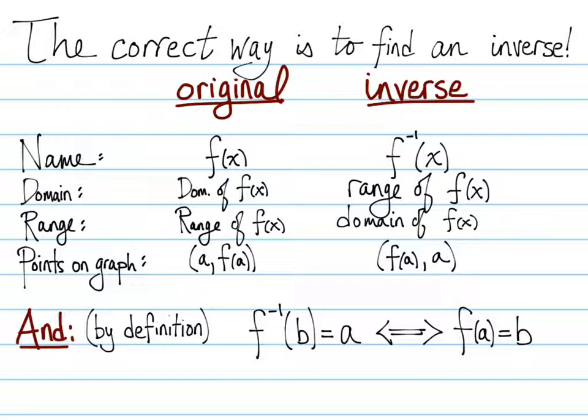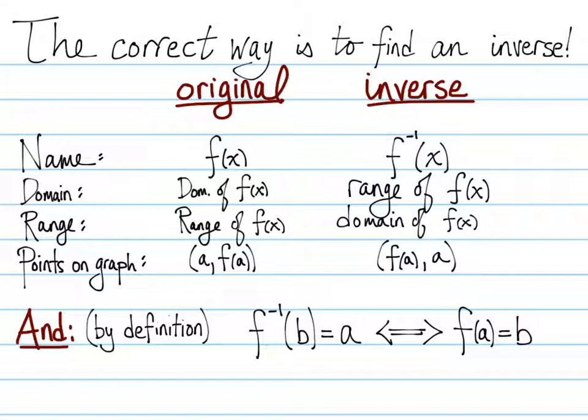They switch. So if you couldn't plug in 6 to f(x), you can't get 6 out of f inverse of x. And if you couldn't get 3 from f(x), if f(x) is never 3, then you'll never be able to plug 3 in to f inverse of x.